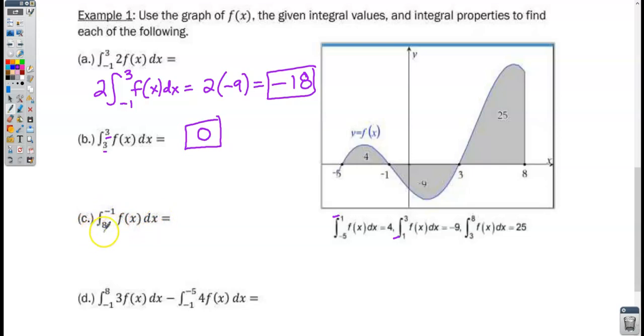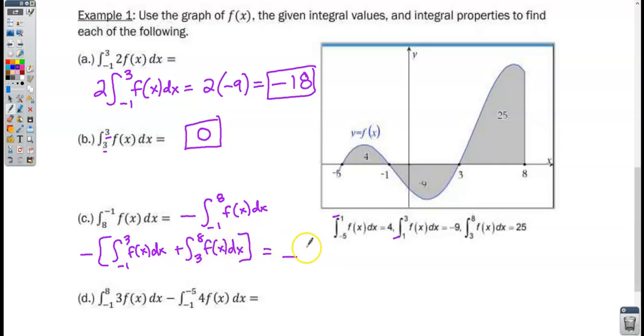All right, part C, the integral from 8 to -1 of f of x dx. First of all, notice that our lower limit is a larger number than our upper limit. Usually when that happens, I'm just going to use the order of integration property. Factor a negative sign out and flip the limits of integration. And then I know the integral from -1 to 3 and the integral from 3 to 8, and if I add those two together, that gives me the integral from -1 to 8.